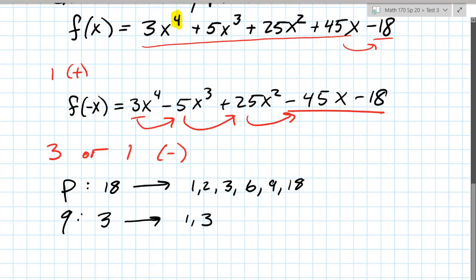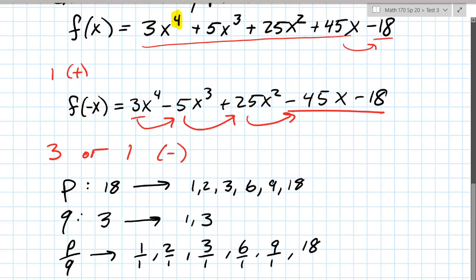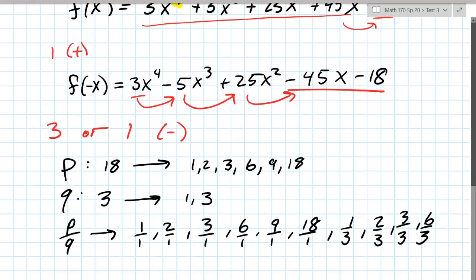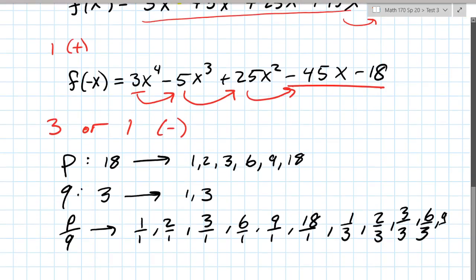So our possibilities for P over Q, the rational zeros, are 1 over 1, 2 over 1, 3 over 1, 6 over 1, 9 over 1, 18 over 1, 1 over 3, 2 over 3, 3 over 3, 6 over 3, 9 over 3, and 18 over 3.